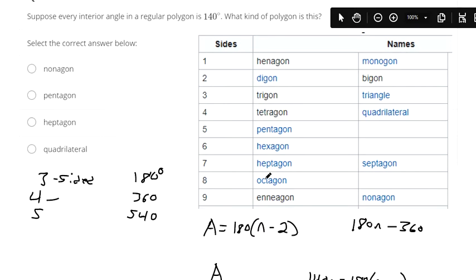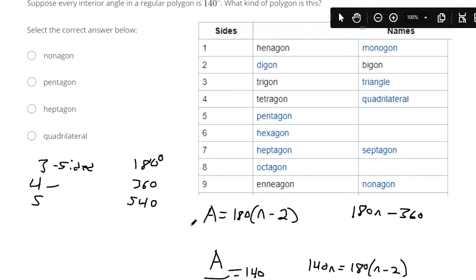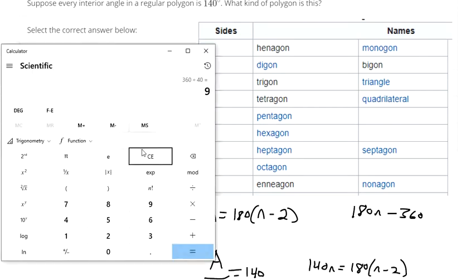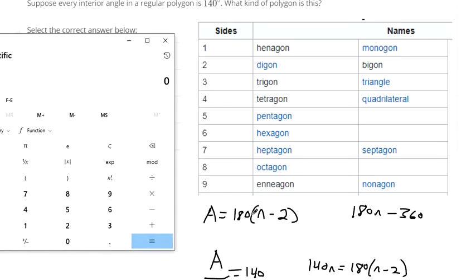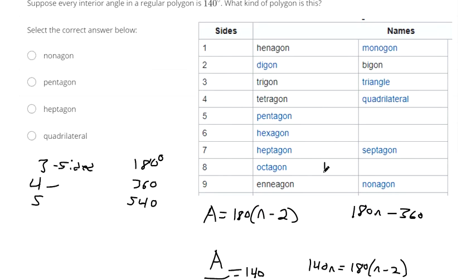The other way of doing it is using this equation to come up with the sum of the interior angles for each of these. So like the octagon, if we wanted to know what the sum of all the angles was, we could plug in 8 for the number of sides, subtract 2, and then multiply by 180, so it should have 1080.